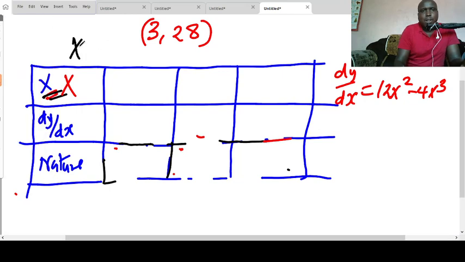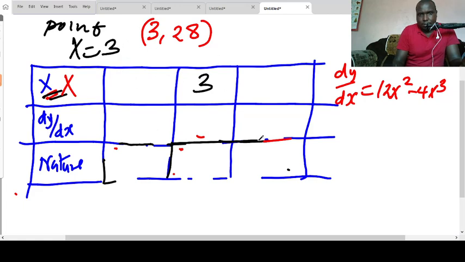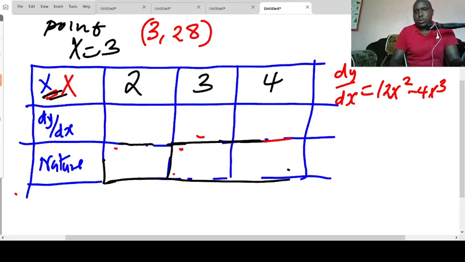So our value of x in this one, when the point is 3, 28, our x is 3. So hii ya katikati sasa ndio utaweka 3, the value of x. After doing that, tafuta namba moja iliyo left ya 3 and another number which is right of 3. Tukitoka 3 tunaenda 4. So hapa weka 4. Before tufike 3 tunatoka 2. So that is the number to the left.